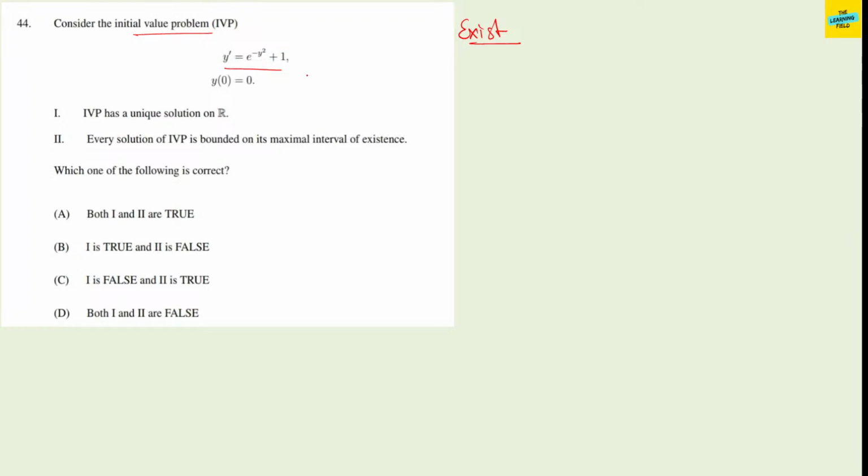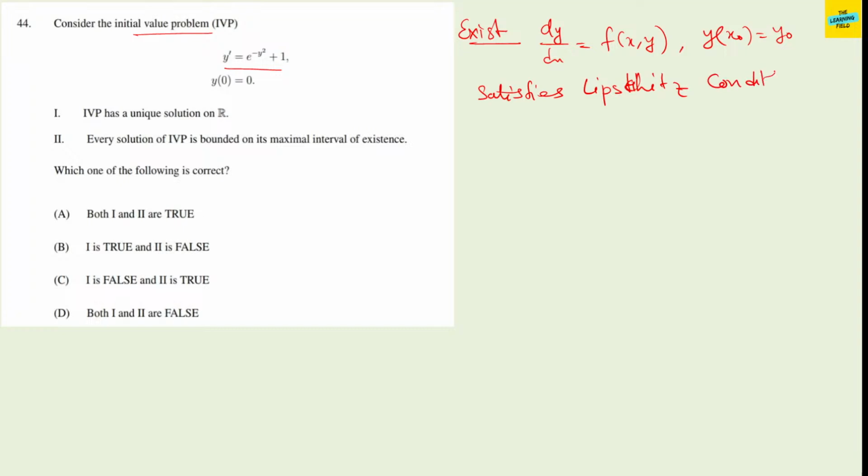To have a unique solution, we all know that if dy/dx equal to f of x, y is a differential equation, with y at x naught equal to y naught, then this differential equation satisfies the Lipschitz condition if mod of del f del y is bounded.